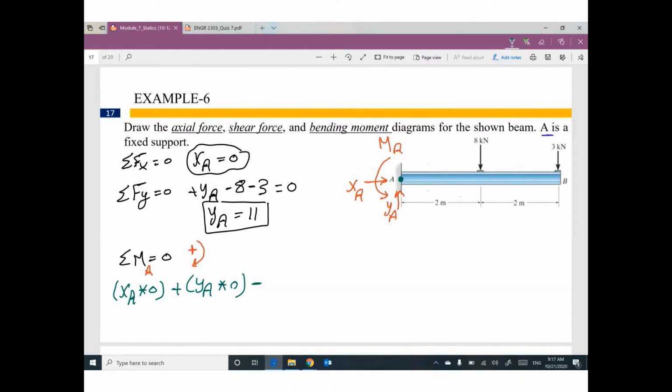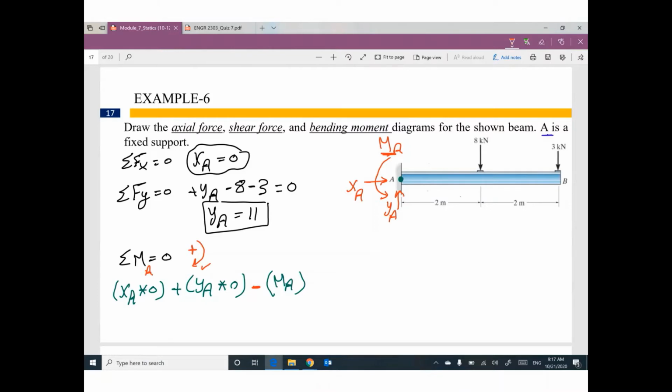MA is a moment and does not need a distance, but this moment will be negative, because I assumed clockwise is positive and I assumed MA is counterclockwise.